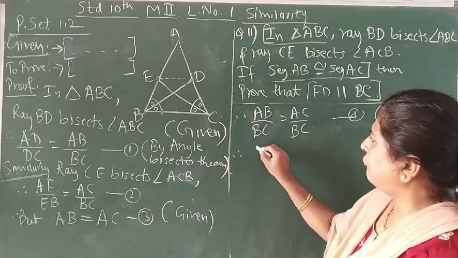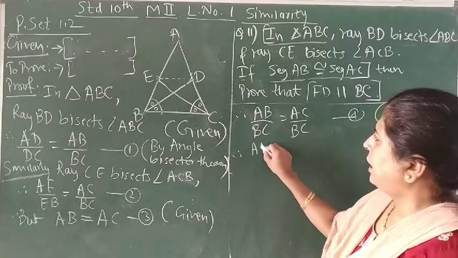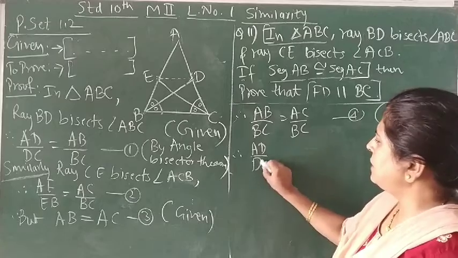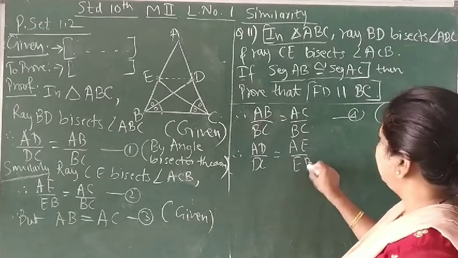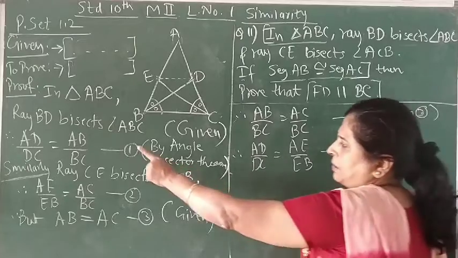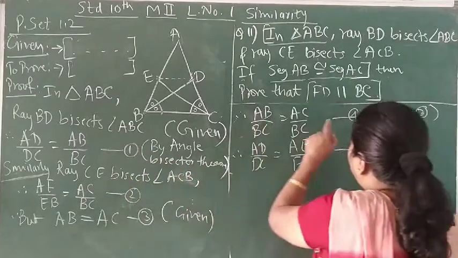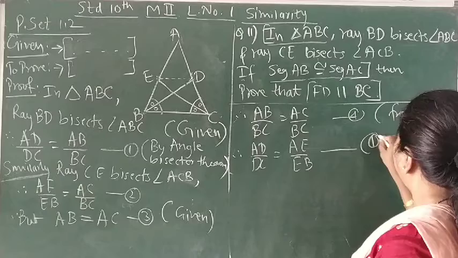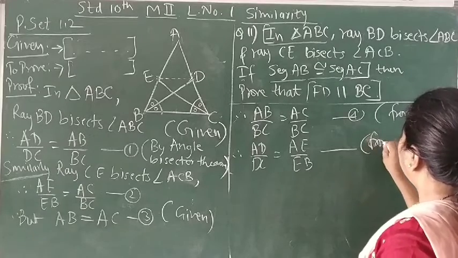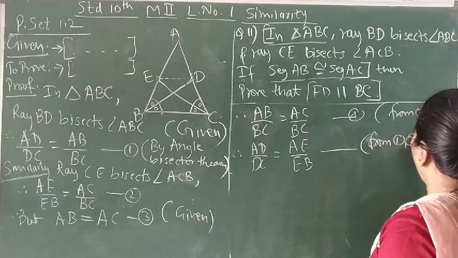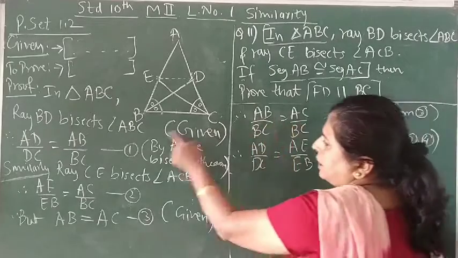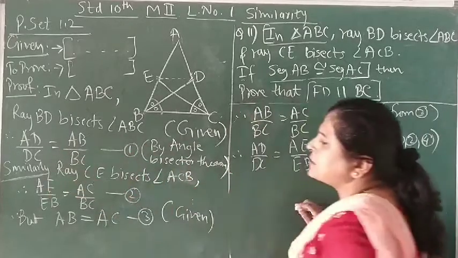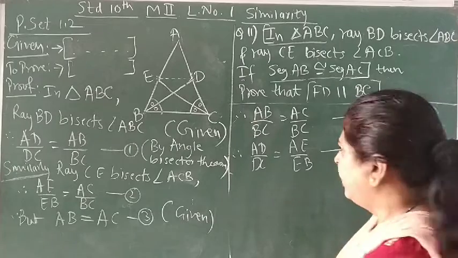And therefore now we can say the left side AD upon DC is equal to AE upon EB. This we can write from statements number 1, 2 and 4. So we are saying the right sides are equal, hence the left sides of statements number 1 and 2 are also equal.